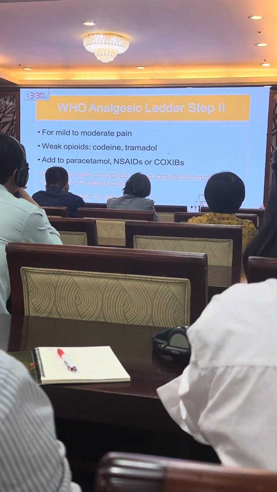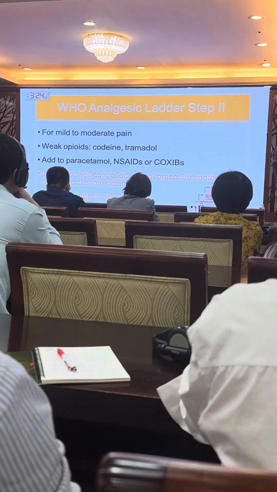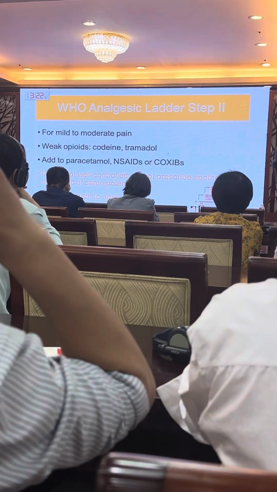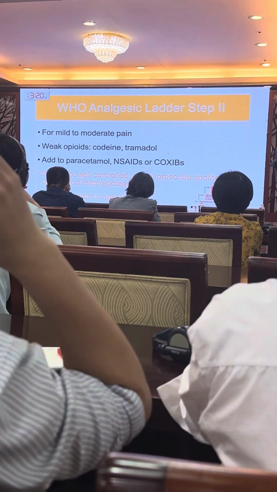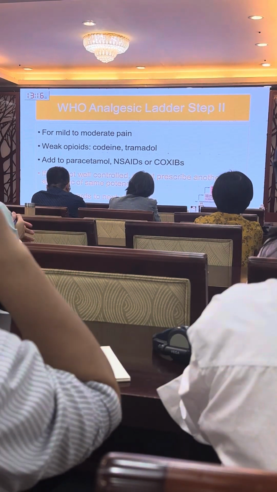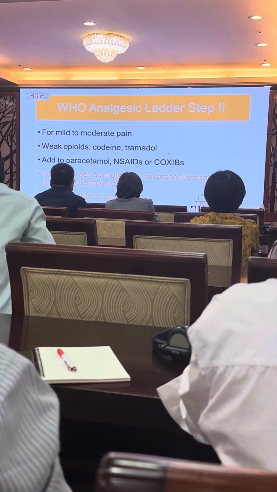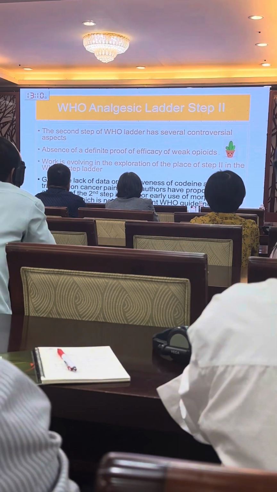The main drug for step 2 is weak opioids. In Thailand, we have only codeine and tramadol, and you can combine weak opioid with non-opioid from step 1 because they work with different kinds of mechanisms. This is based on multimodal analgesia.